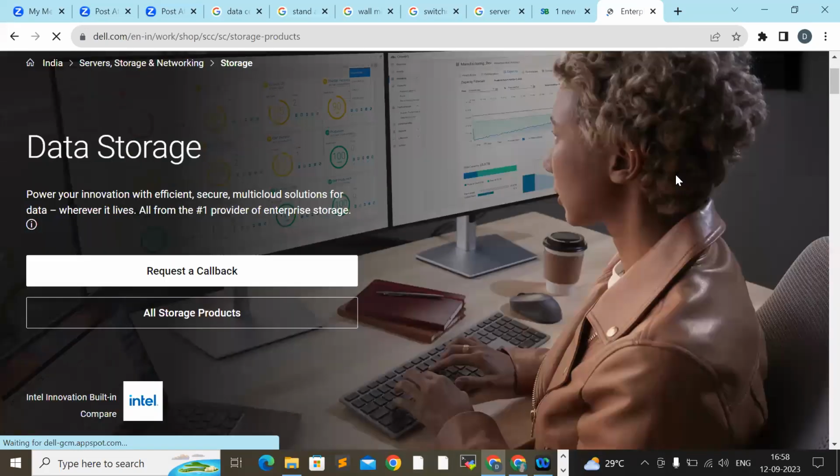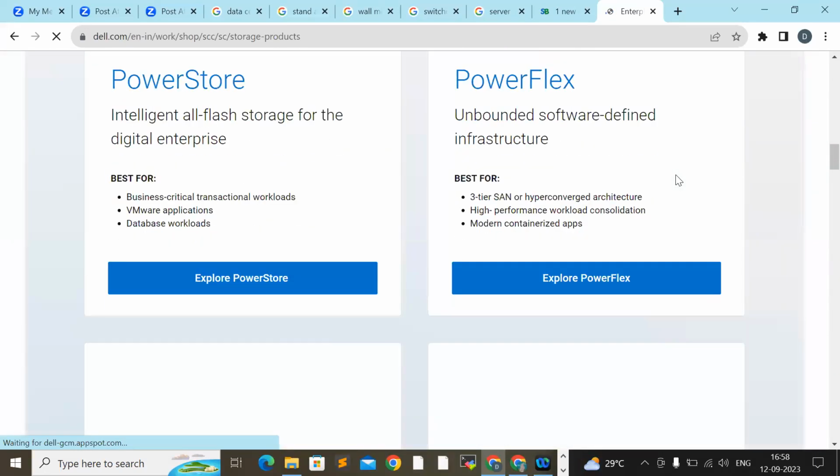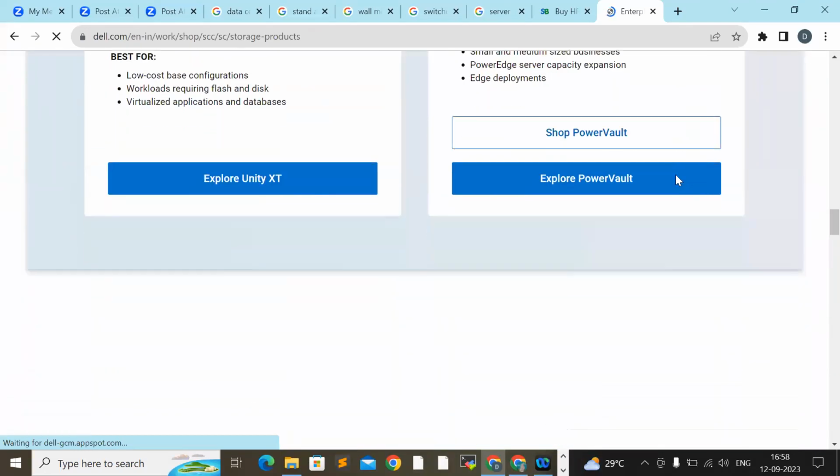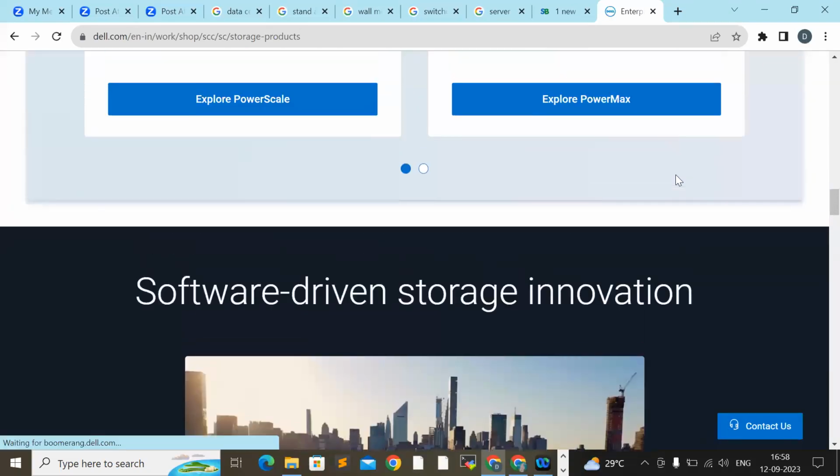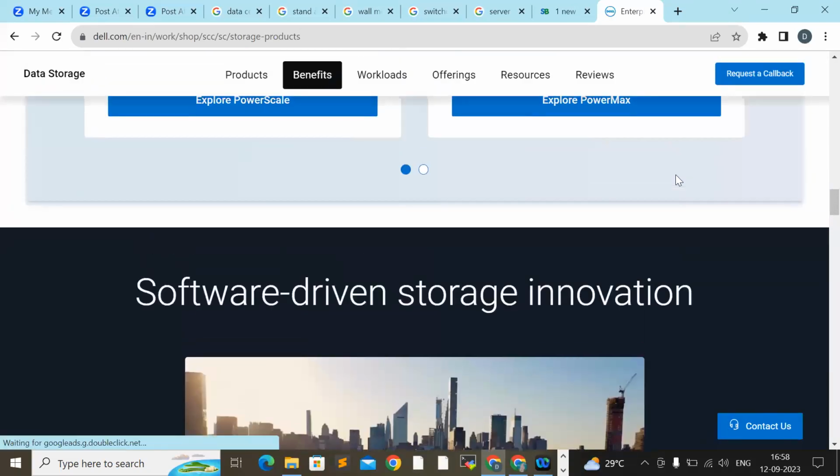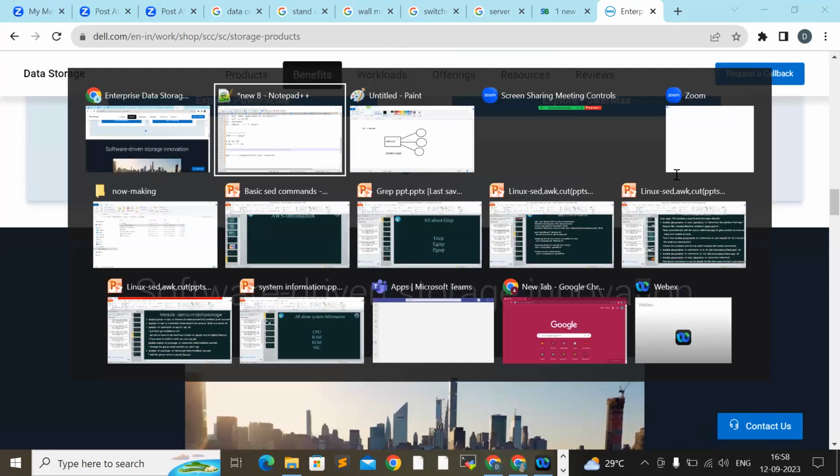It gets shipped from international locations, mostly from the US. So if you are not using these servers and try to sell them to Dell itself, they will say you are an organization, and some XYZ commitments you can give, and even then they will not agree. So you will be in loss, I mean to say.